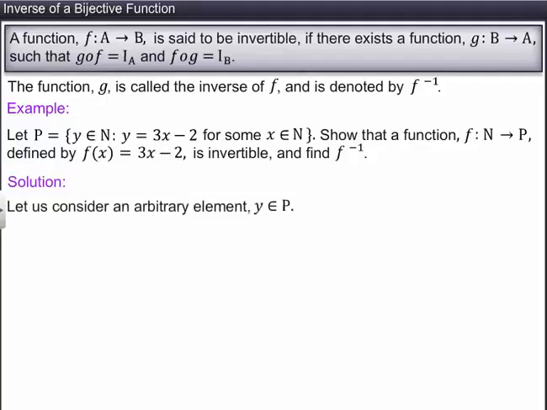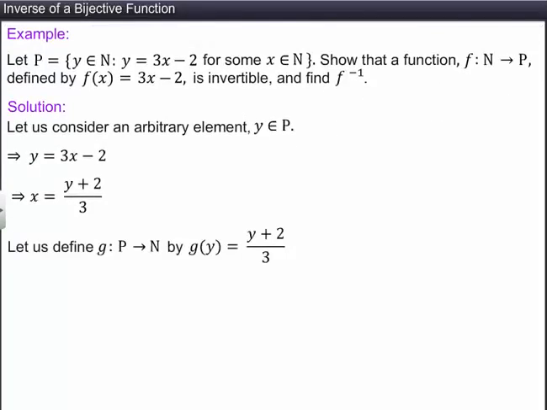Let's begin by considering an arbitrary element, y, in set P. This implies y is equal to 3x minus 2 by the definition of set P. This further implies that x is equal to (y plus 2) whole divided by 3.